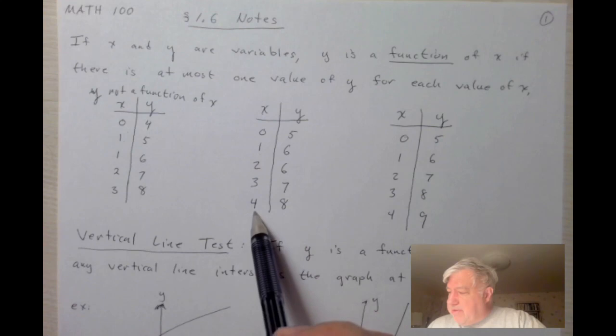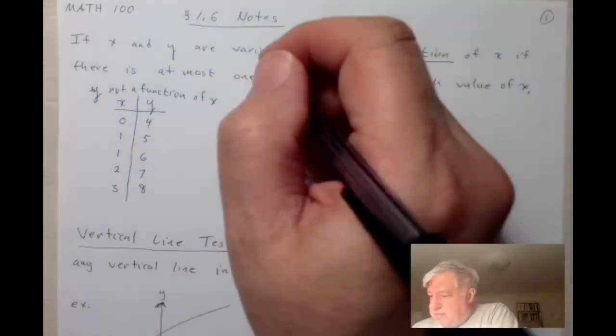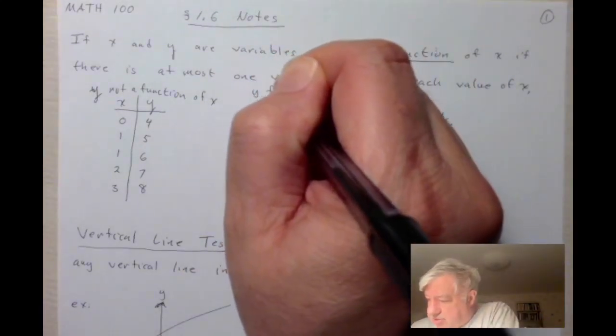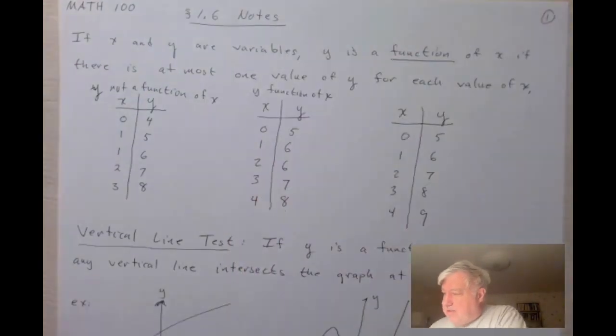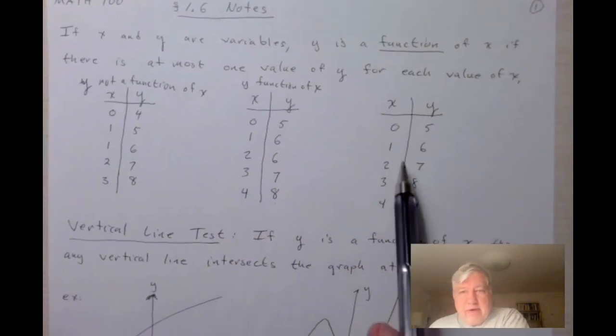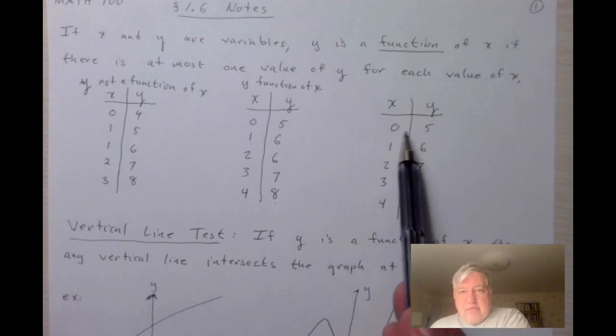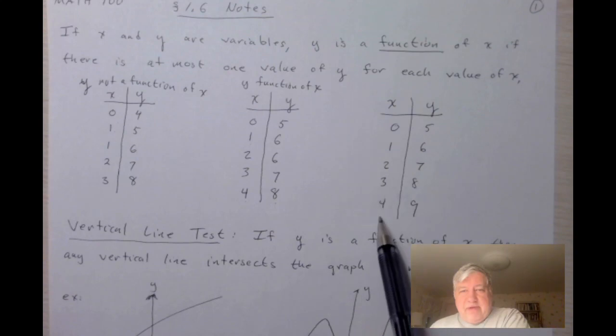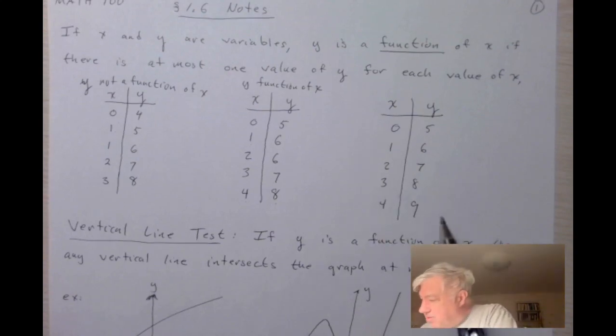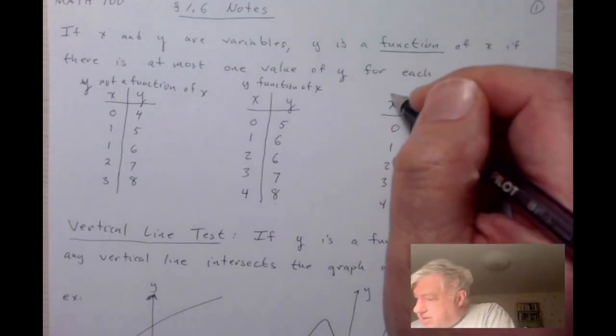And 3 goes to 7 and 4 goes to 8. So this would be a function. So y would be a function of x. And over here we can also see that there's exactly one y value for each of these x values, right? So once again, y is a function of x.